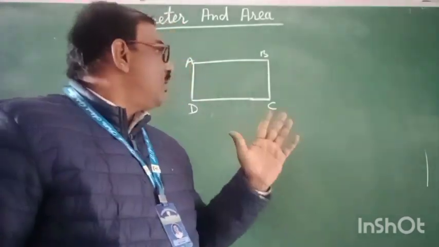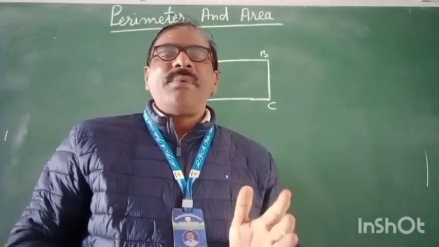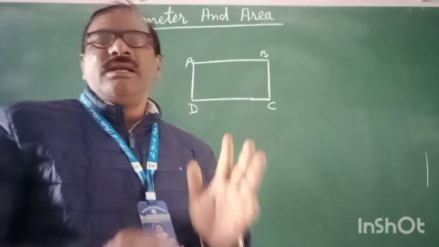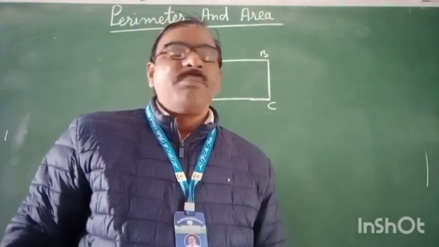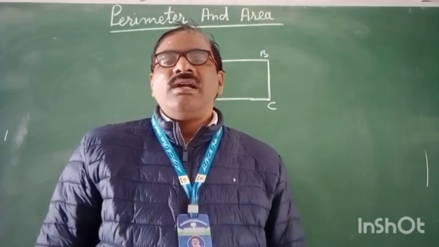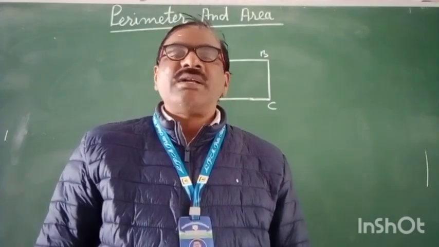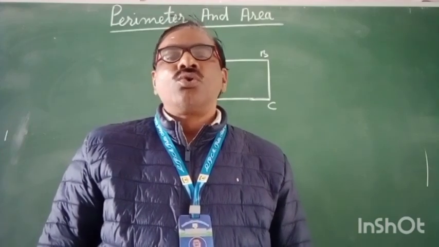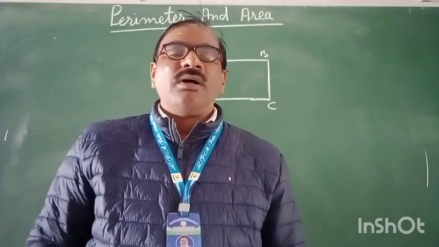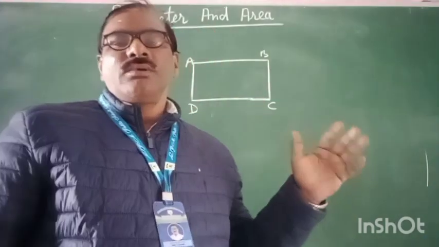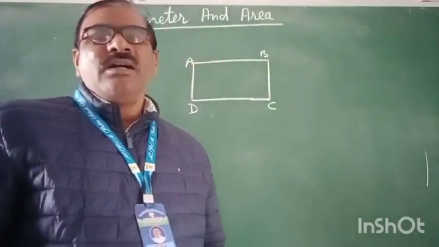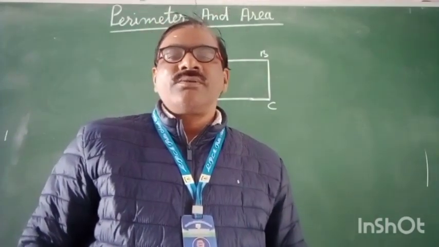If you add the lengths of AB, BC, CD and DA, then we get the perimeter of the rectangle. So it is clear that the perimeter of any 2D shape is the sum of the lengths of the boundary of that shape, shapes like rectangle, triangle, square, quadrilateral.